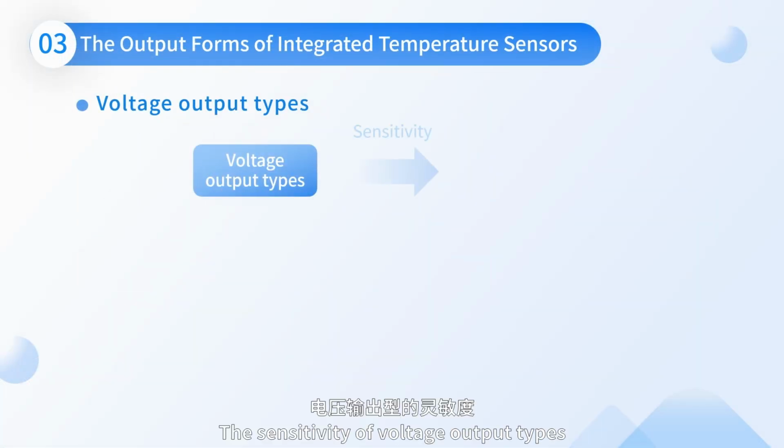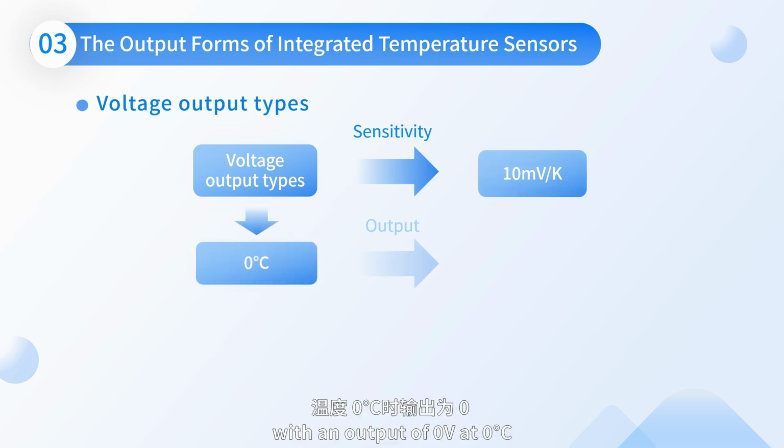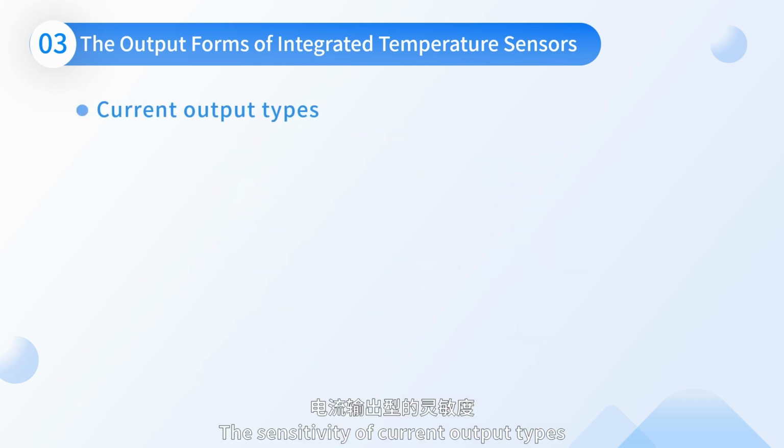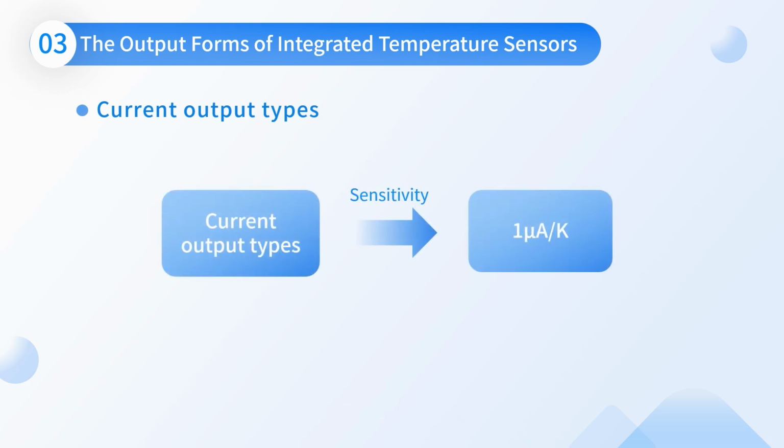The sensitivity of voltage output types is generally 10 mV per Kelvin, with an output of 0 volts at 0 degrees Celsius and 2.982 volts at 25 degrees Celsius. The sensitivity of current output types is typically 1 microamp per Kelvin.